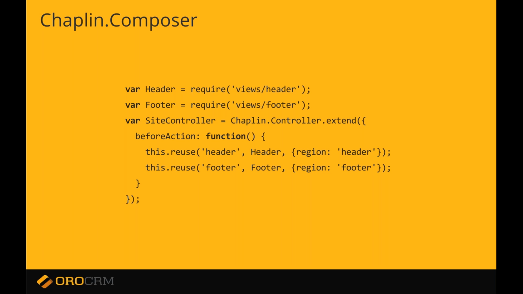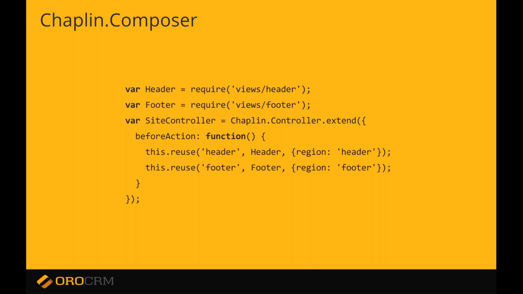Another way to use before action is that we can define compositions. So the controller has a reuse method where we declare what composition we would like to use. All compositions are stored in the composer. So we can have different controllers, and they might want to use a header and footer.